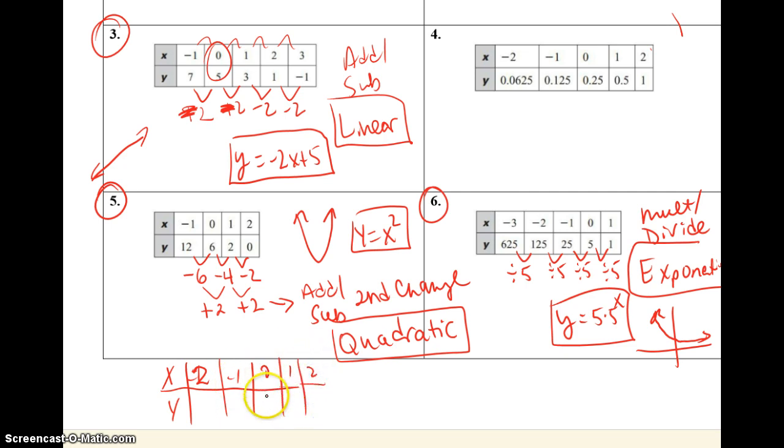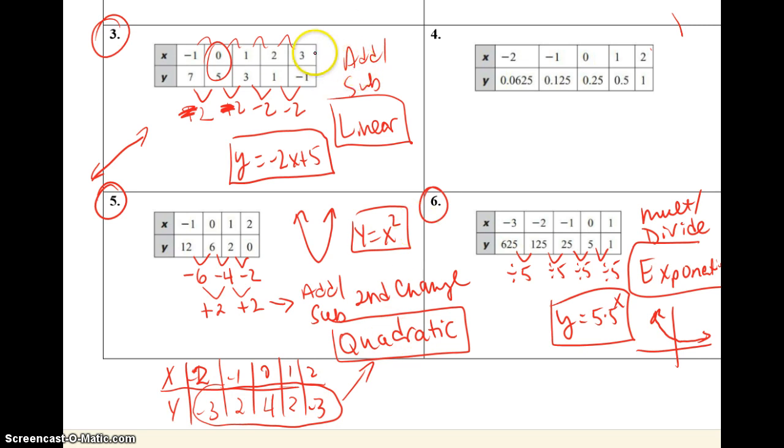And let's say I have 4, 2 on either side, and negative 3 on either side. And you see that symmetry that happens on your y values, then that will also be a clue that it's quadratic. The particular example I chose did not have the symmetry, so it wasn't so obvious. But if you see symmetry on both sides of the y values, then it's definitely going to be quadratic.